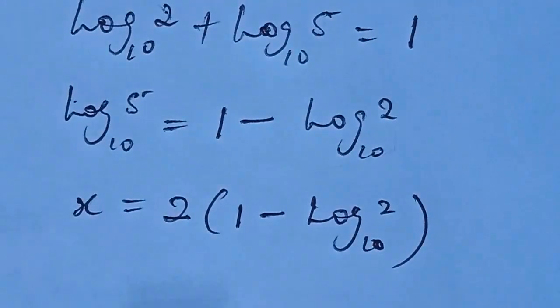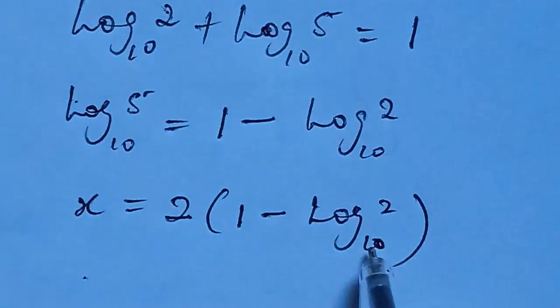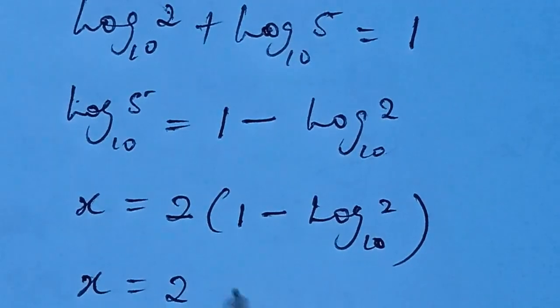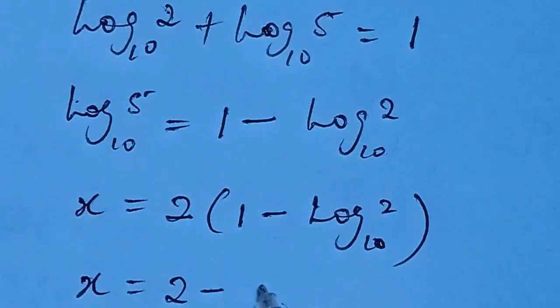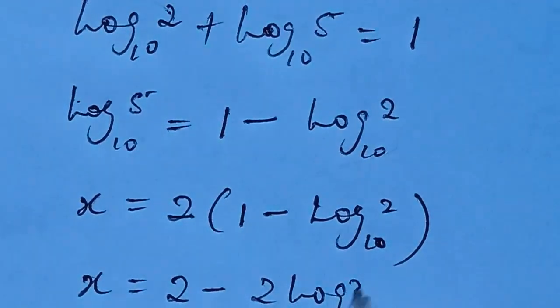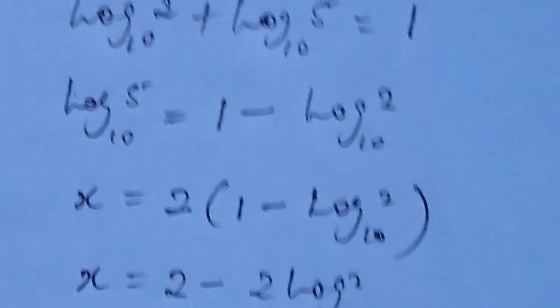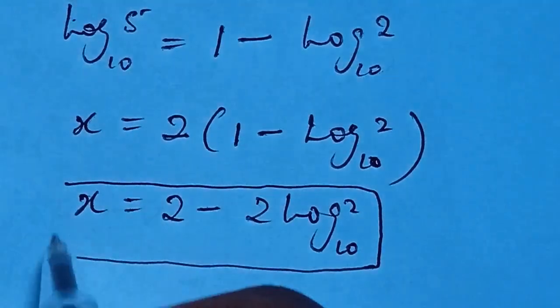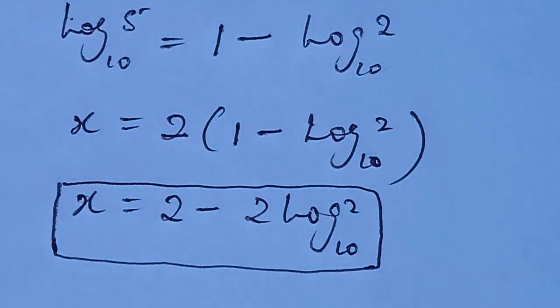We can also expand this bracket and we have x equal to 2 minus 2 log 2 base 10. So we can have this as our value of x as well, which is equivalent to the previous one.